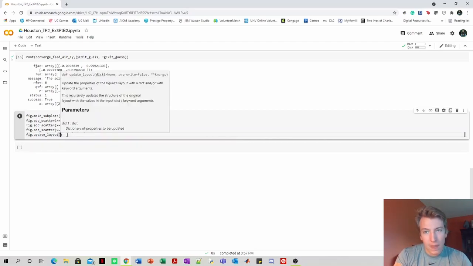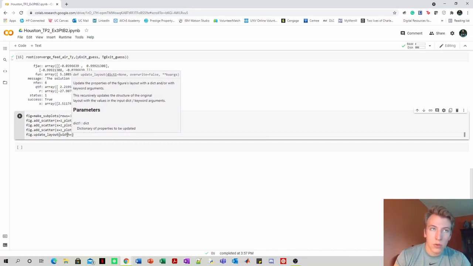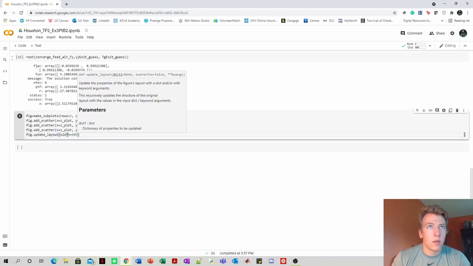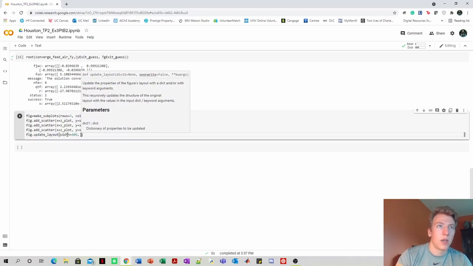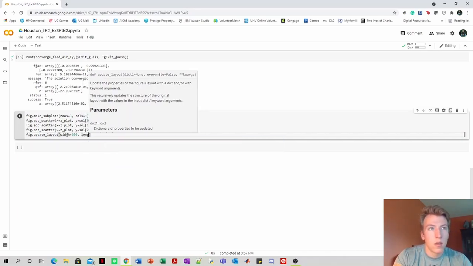And what we can change next, we want to change the width to be equal to 600. I think that's, we'll make it shorter. And then length, oh wait, that's not a, okay.